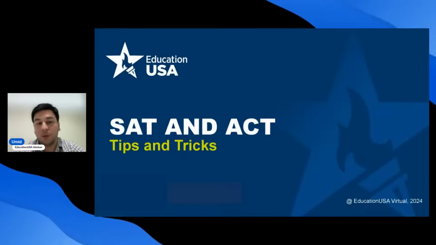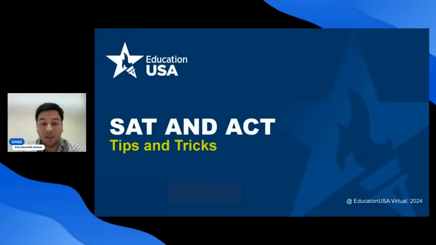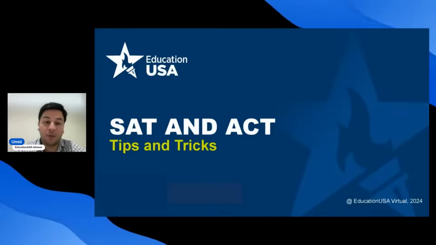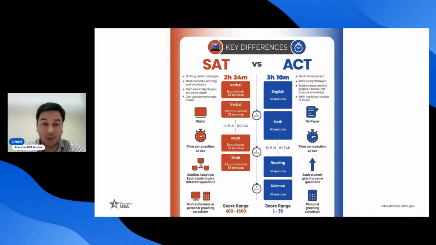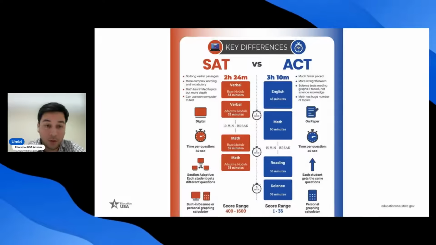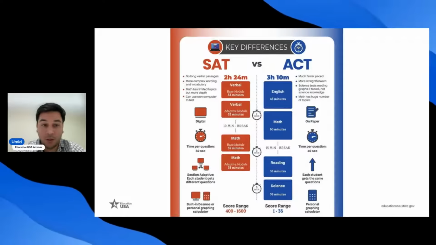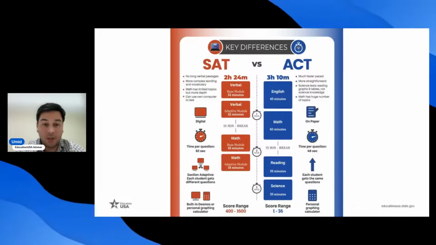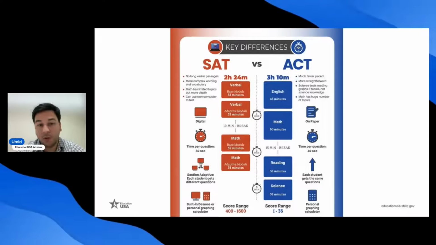So now we're going to talk about SAT and ACT, with tips and tricks, and we'll provide some more detailed information. For SAT, there are no long verbal passages. It has only a 32-minute verbal section, the base module, and then the adaptive module, also 32 minutes.